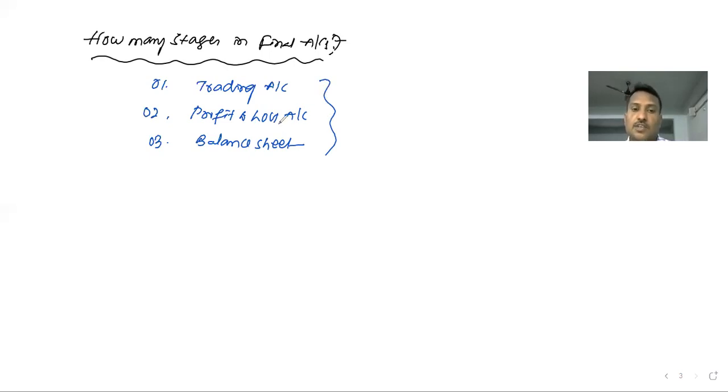So before we prepare the trading, profit and loss account and balance sheet, the total expenses of the business and the total incomes of the business have been divided 2 times.